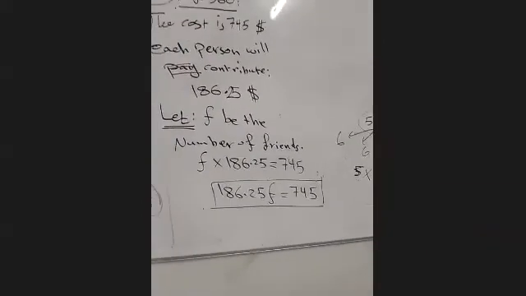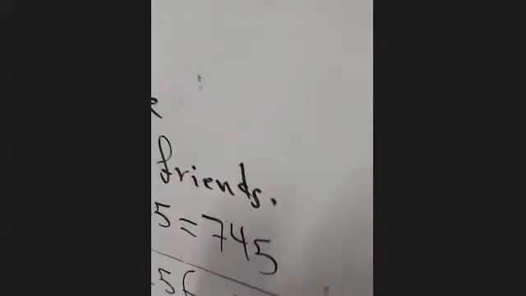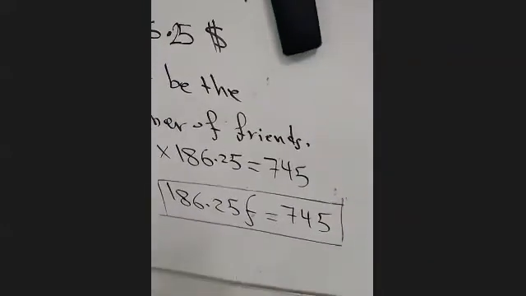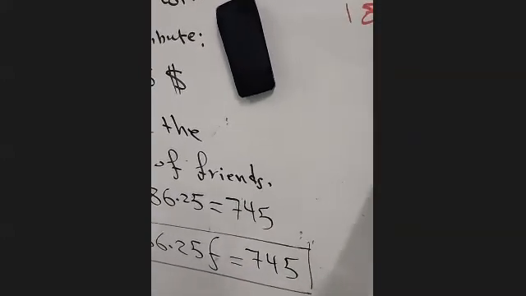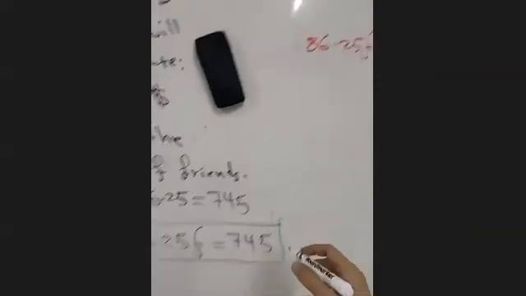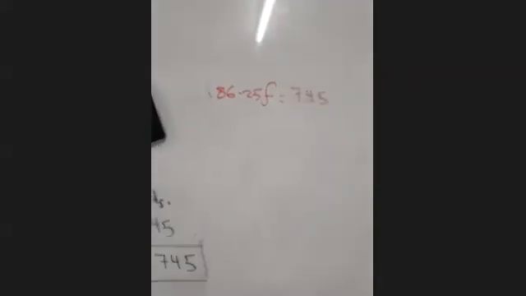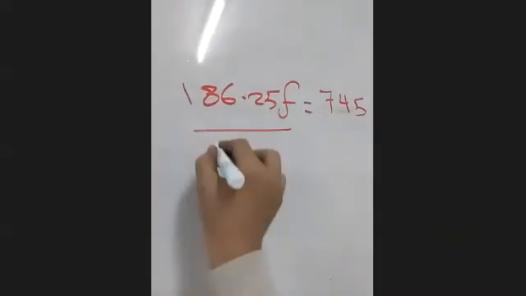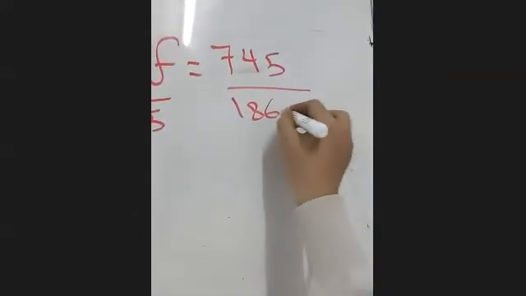Now, how will we solve this equation? We will rewrite the equation: 186.25 F equals 745. Then what will I do? We will divide by 186.25 from both sides. Excellent. We make a fraction. Divide by the coefficient from both sides, right?